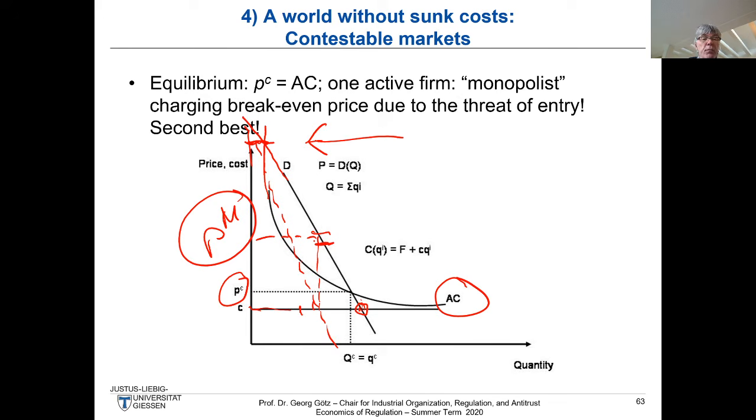But if you have price equal marginal cost, what is clear is you would make losses, and the government would have to pay subsidies of this size. So if you face a break-even constraint as a government, what you get in terms of the result under contestable markets is really second best.